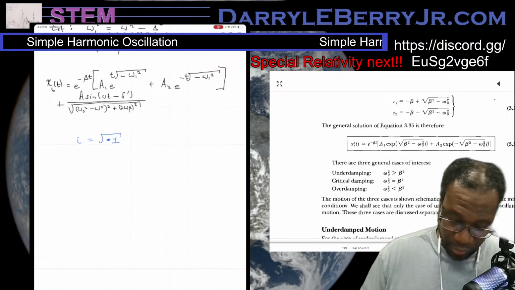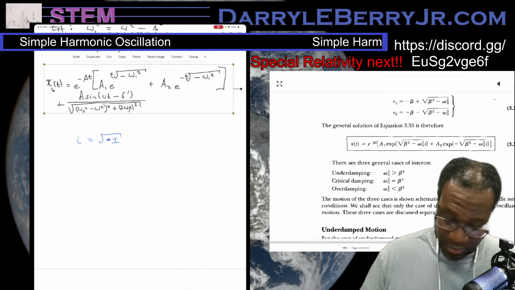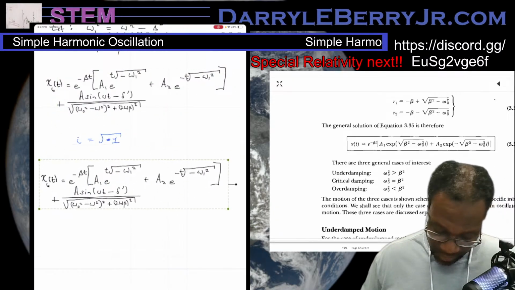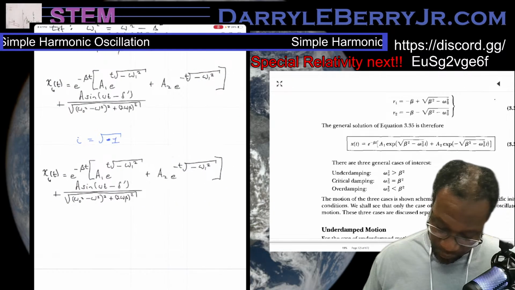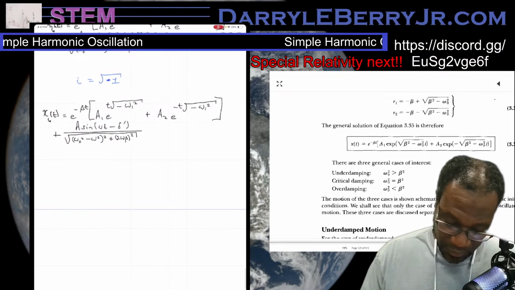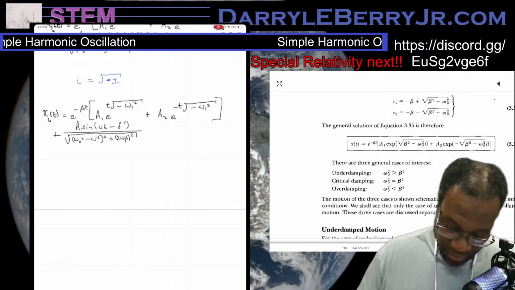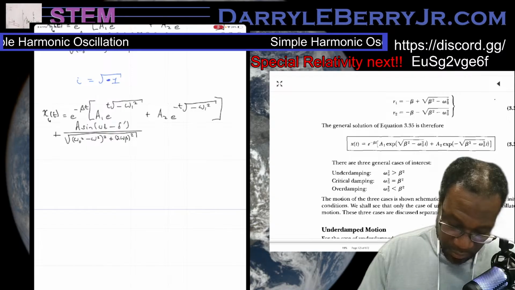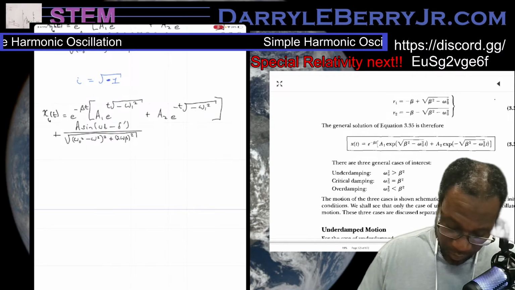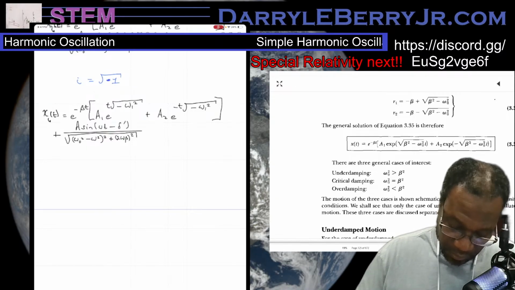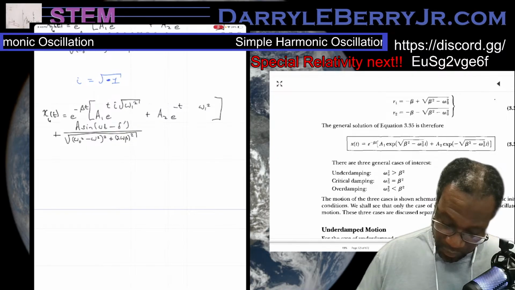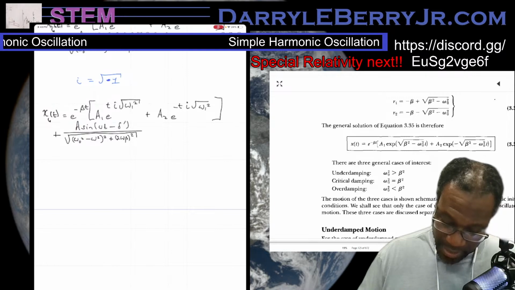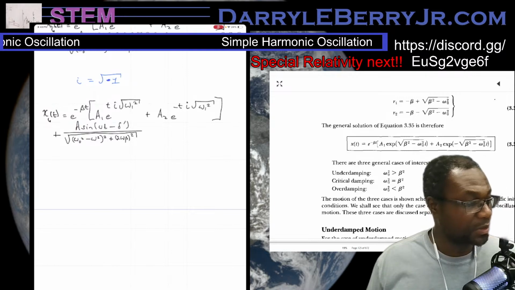So if I was to rewrite this one more time with that taken into account, and we see we have a few negative ones in bracket. So this means that this negative square root of 1 here becomes i, and the negative square root of 1 here becomes that.